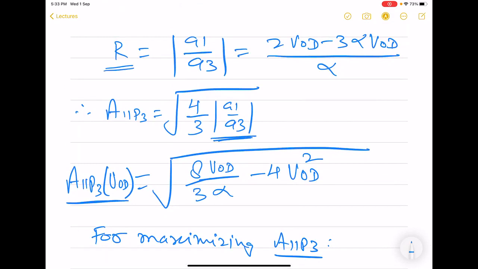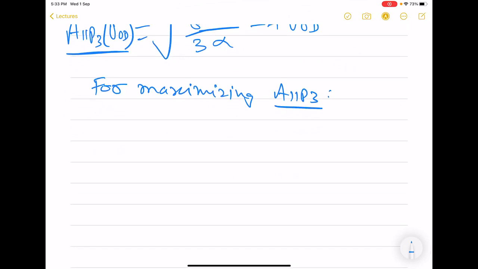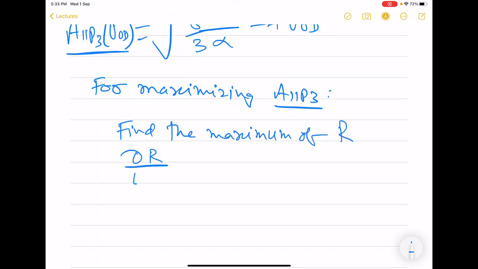In other words, maximum of this R. So if we can find out the maximum of R, we can find the maximum of AIIP3. So for maximizing this, find the maximum of R with respect to VOD, of course.